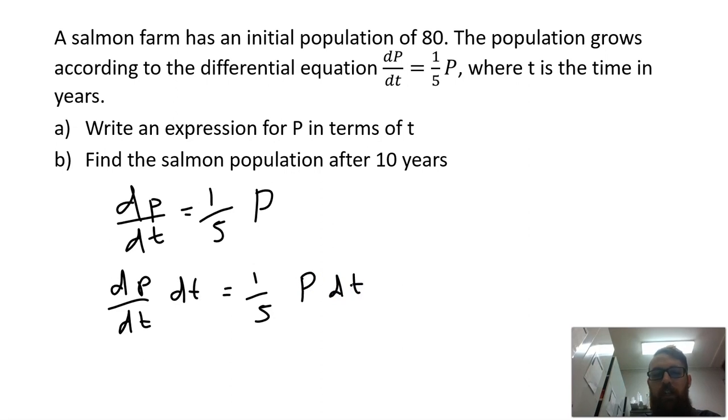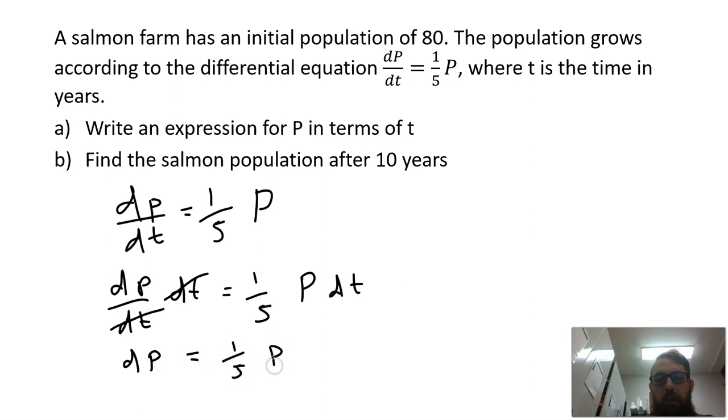The reason we do that is because we want to get rid of the dt at the bottom. We're left with dp equals 1/5 p dt, and we can divide both sides by p. So we've got all of our p's on one side and all of our t's on the other side. We end up with 1 on p dp equals 1/5 dt.